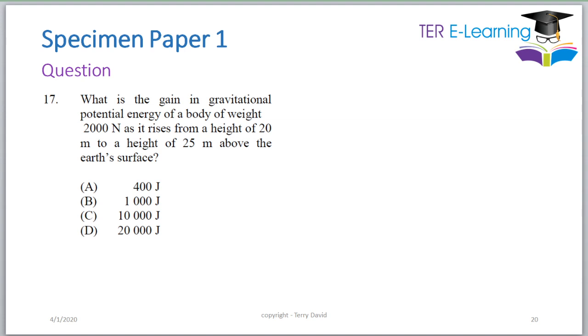All right, so we have our next calculation. What is the gain in gravitational potential energy of a body of weight 2000 newtons as it rises from a height of 20 meters to 25 meters above the Earth's surface?